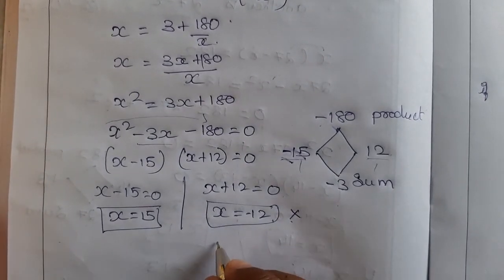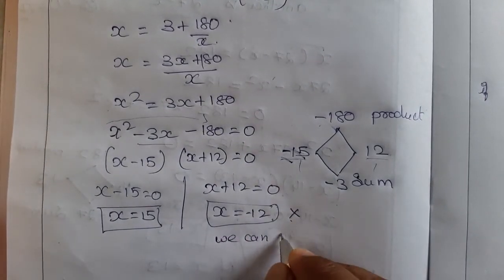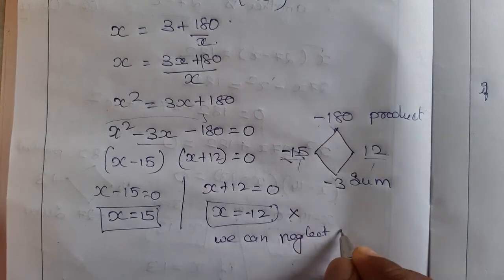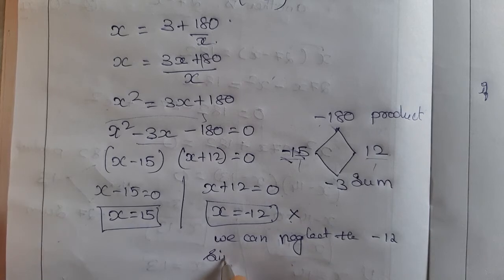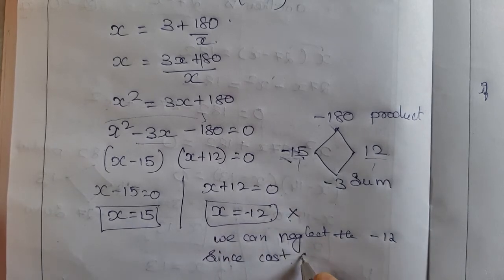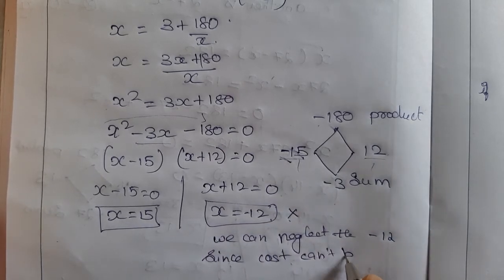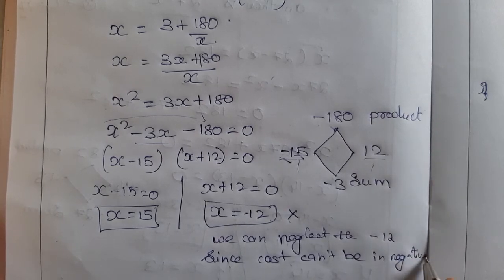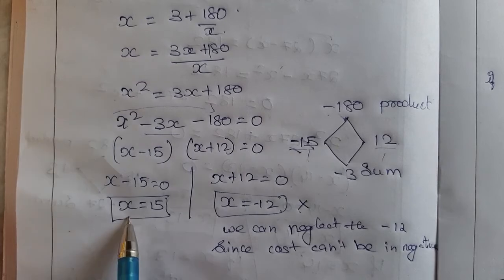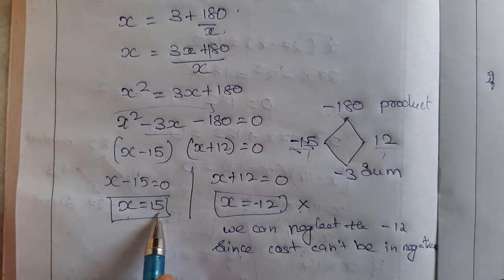No. So we can neglect minus 12 since cost can't be negative, right? So the cost of each article is 15.